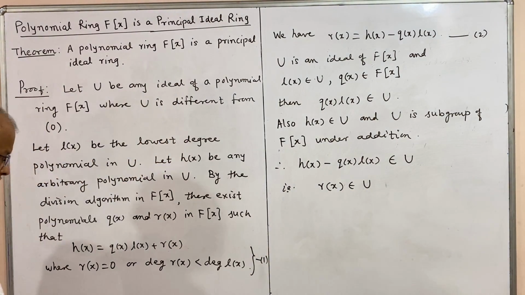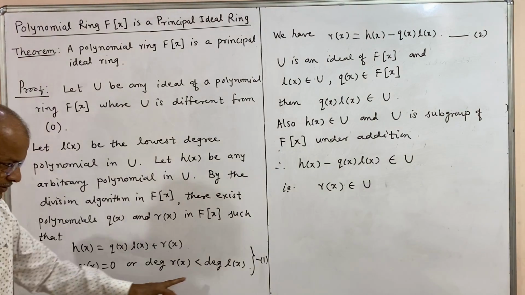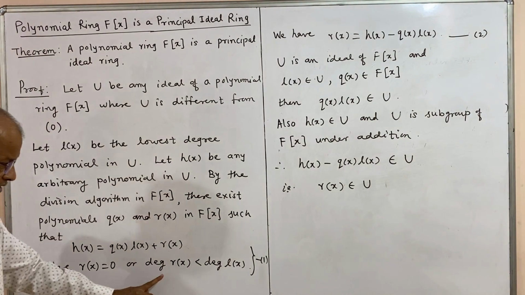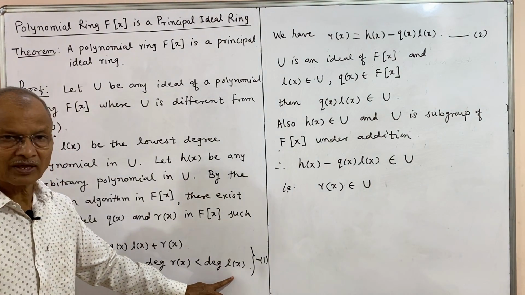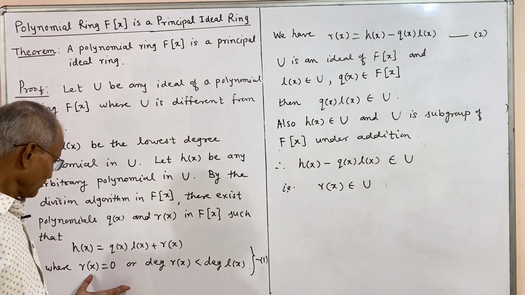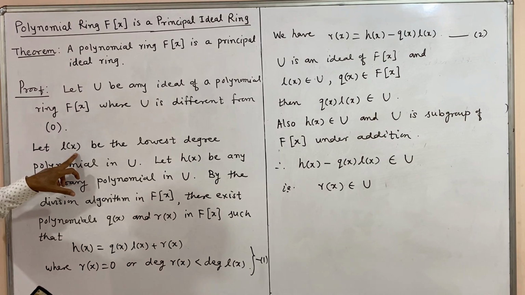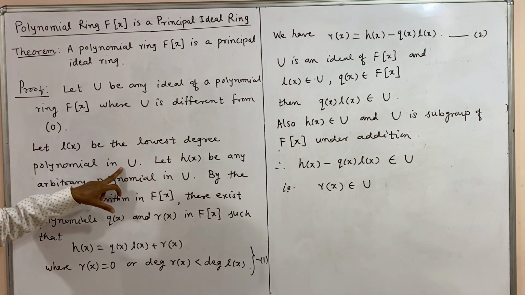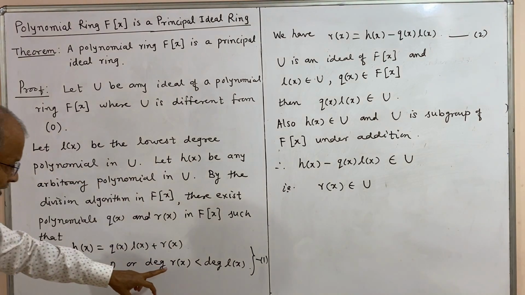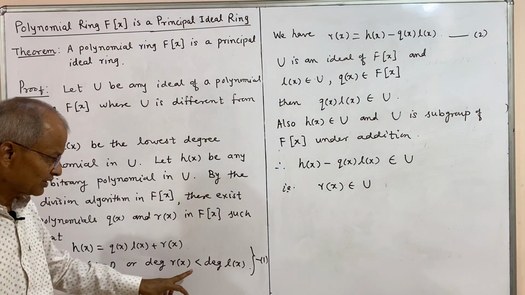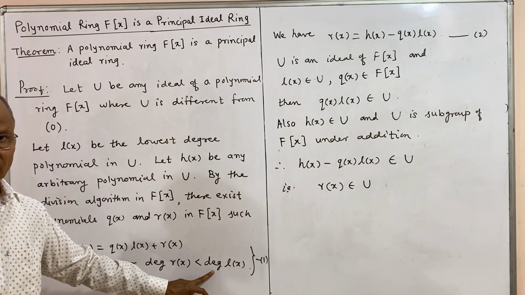And therefore now there are two conditions for R of x, either it is 0 or degree of R of x is less than degree of L of x. Now which of them is possible? By assumption, L of x is the lowest degree polynomial in U, and therefore degree of R of x cannot be less than degree of L of x.